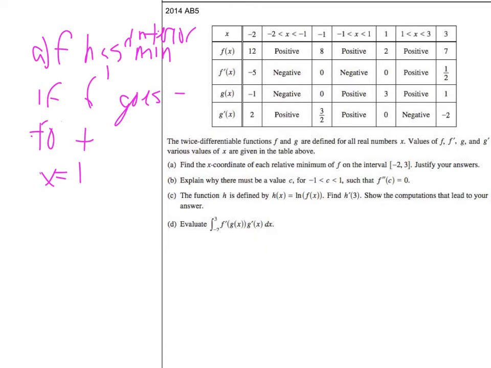Explain why there must be a value c such that f double prime equals 0.